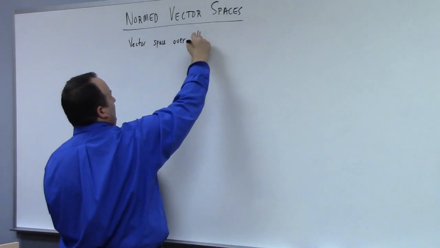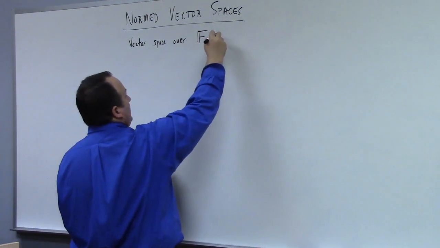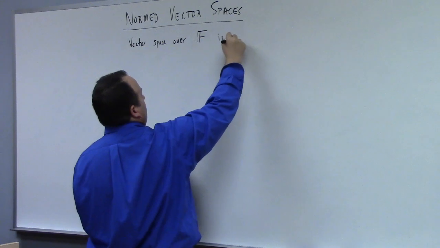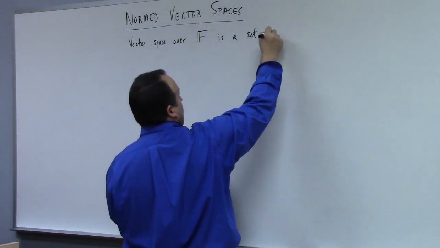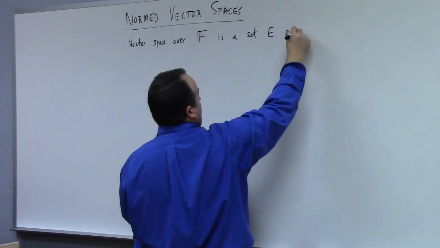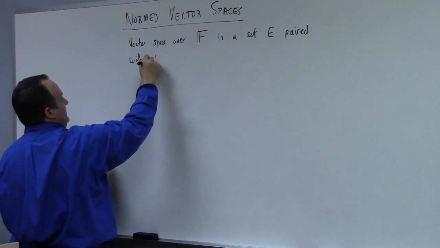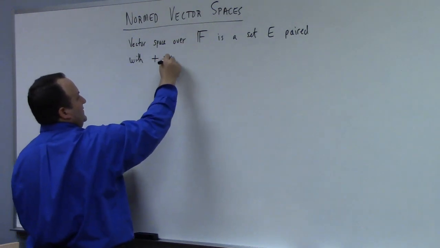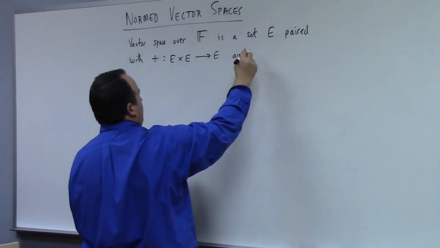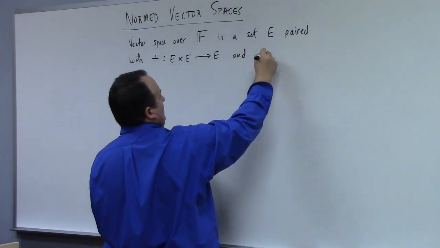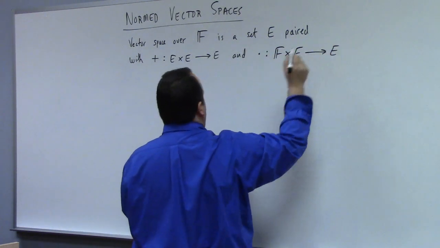A vector space over, let's say, K. What does he use? Oh, he uses F. It is a set, he uses E for that, paired with addition, which is a mapping from E cross E back to E again, and scalar multiplication, which goes from F cross E back into E again, right?